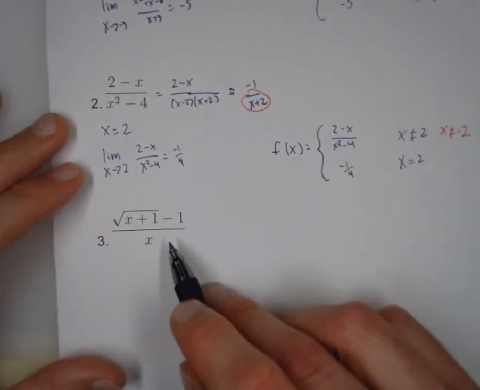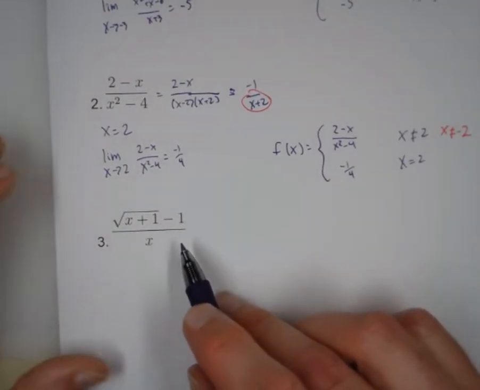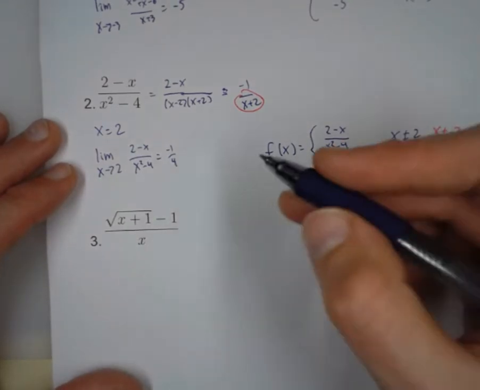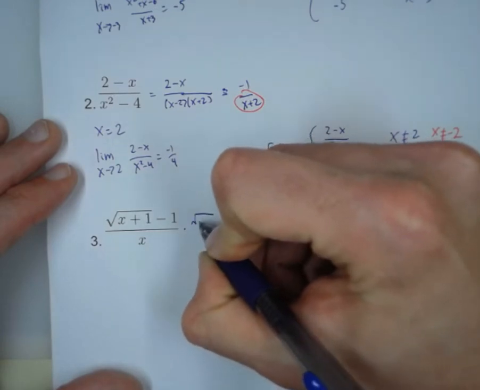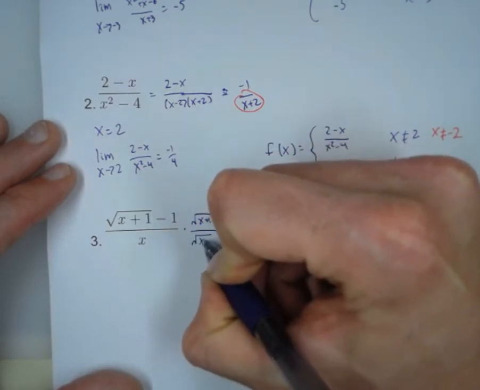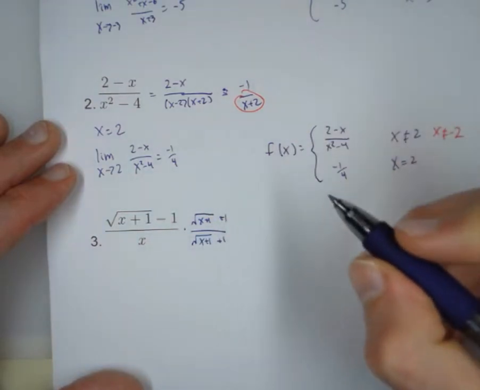Now this one, number 3, can't be factored. Instead, what we have to do is multiply by the conjugate. So square root of x plus 1 plus 1 over square root of x plus 1 plus 1.